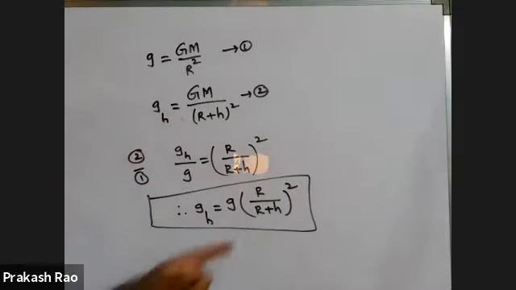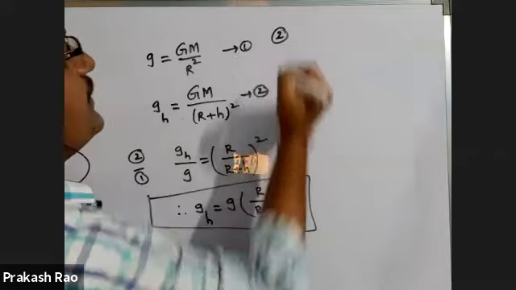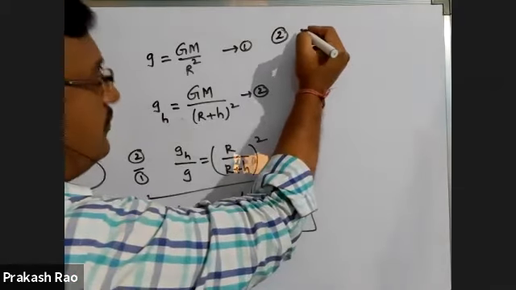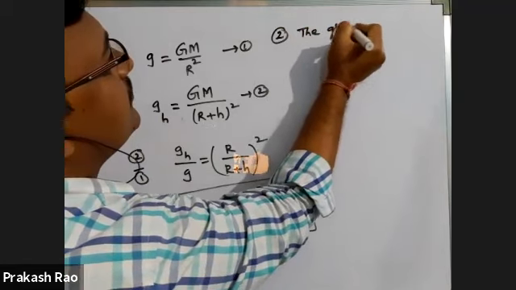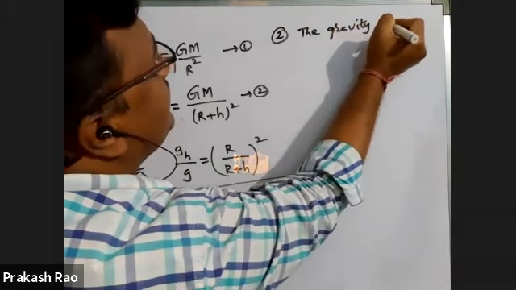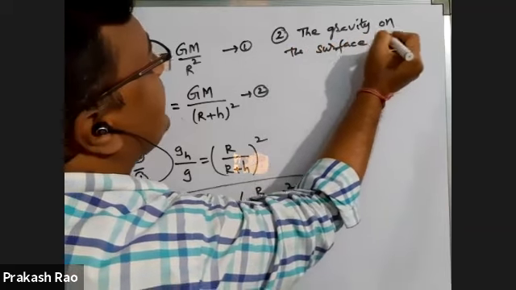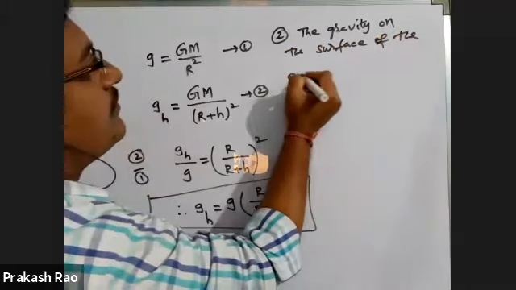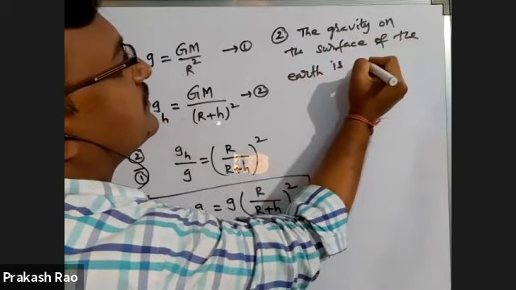Now we solve the problems based on this, my dear students. It's a very important one. You will get a question like this. This is today's second question. The gravity on the surface of the earth is small g.